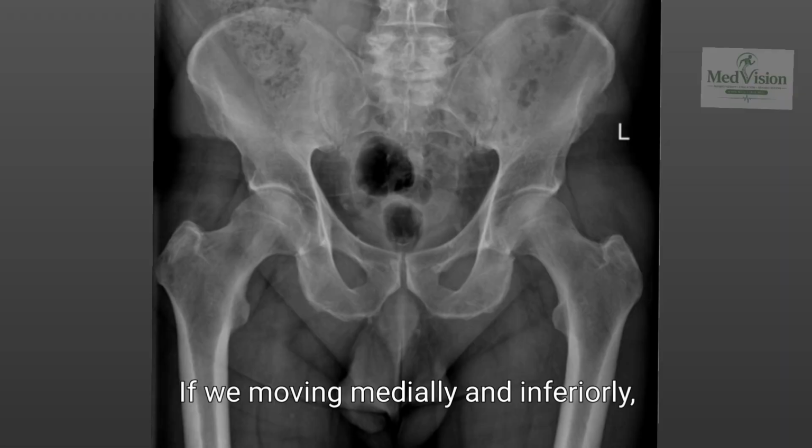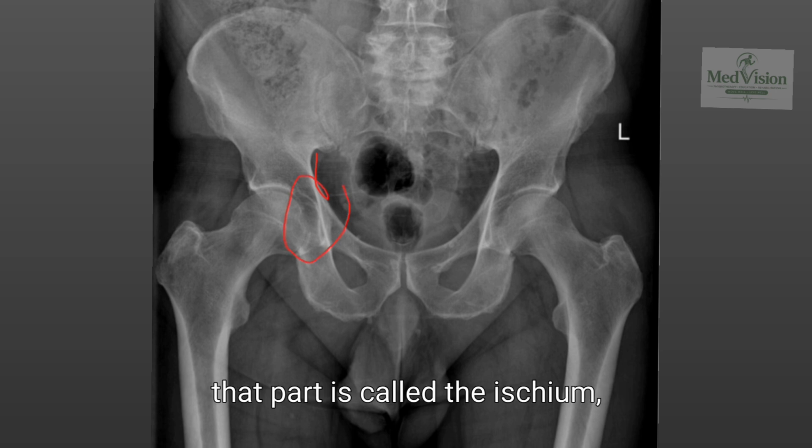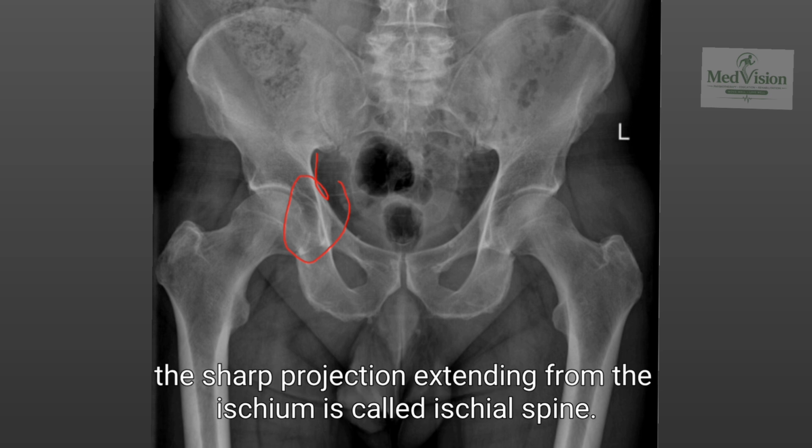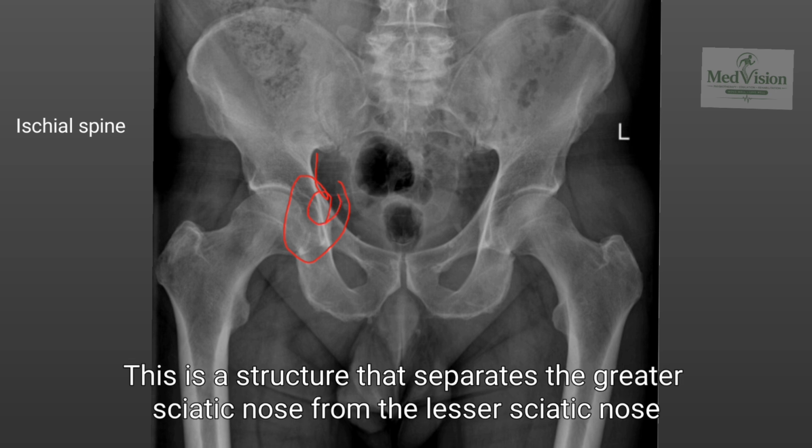If we move medially and inferiorly, that part is called the ischium, which forms the posterior inferior part of the hip bone. On the medial side, the sharp projection extending from the ischium is called the ischial spine.